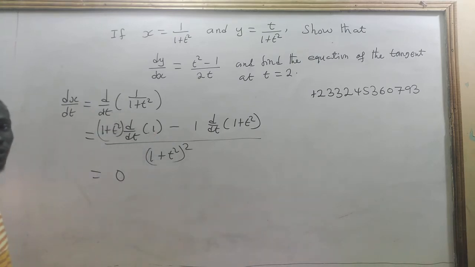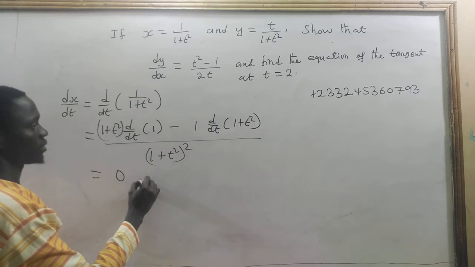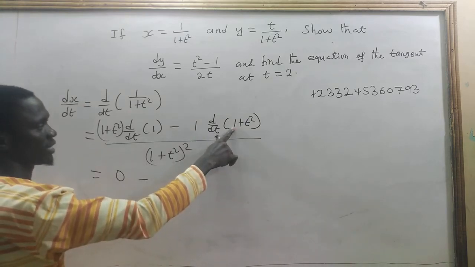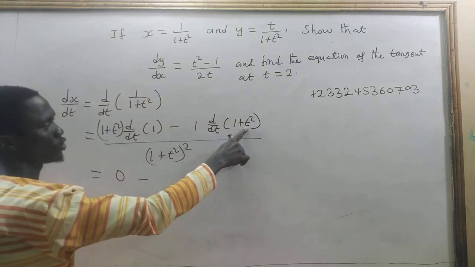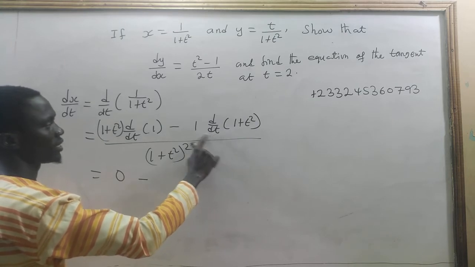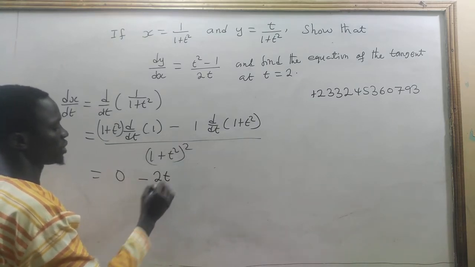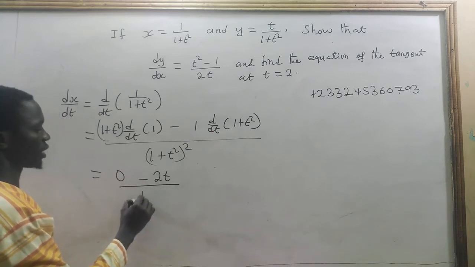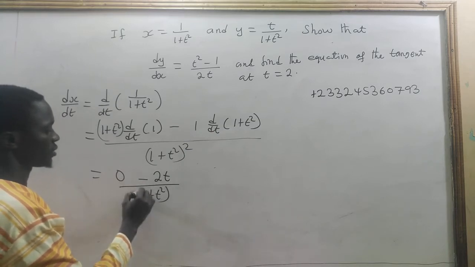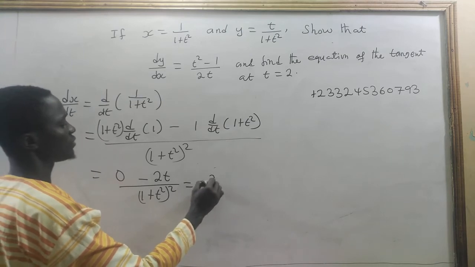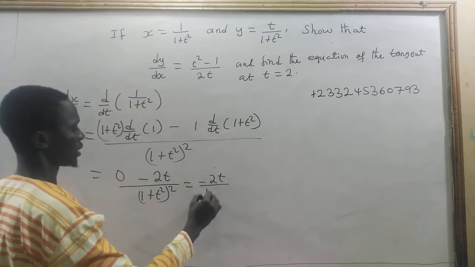That is why I used the quotient rule. If we differentiate t squared with respect to t, you get 2t, times negative 1 will give us negative 2t, all divided by 1 plus t squared all squared.